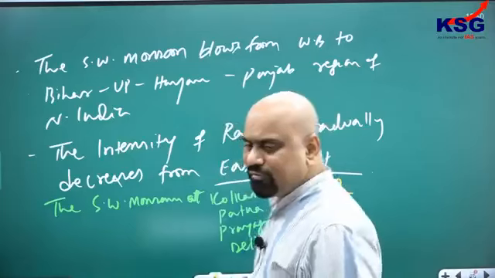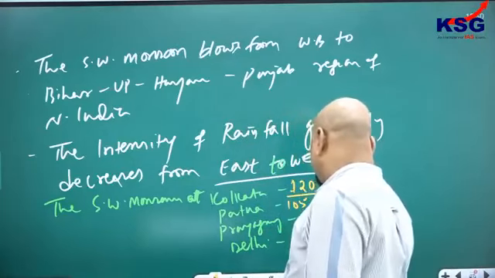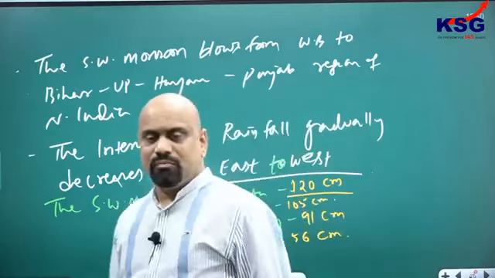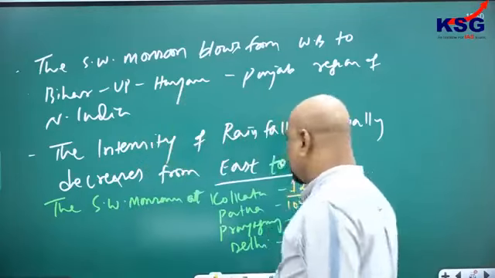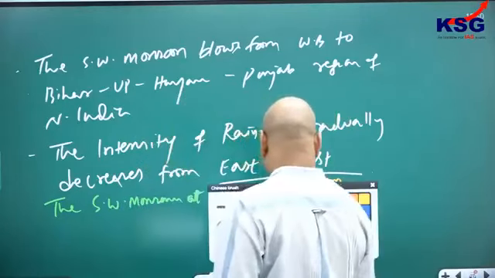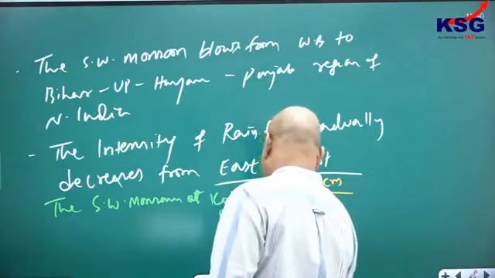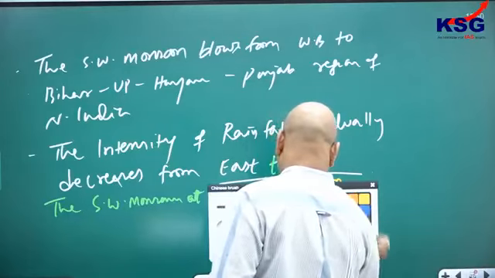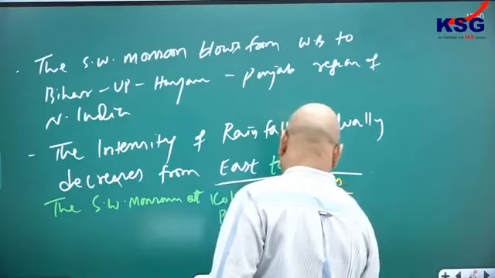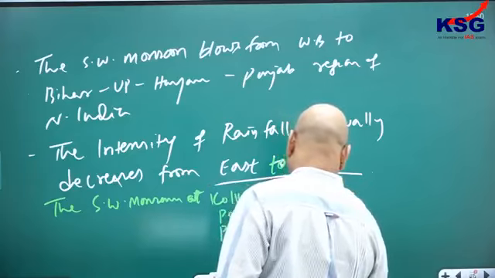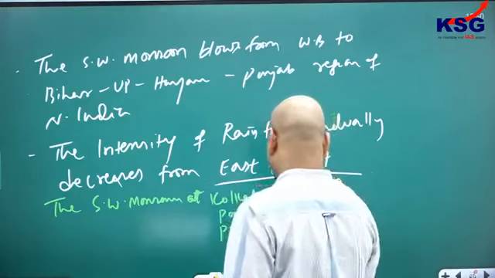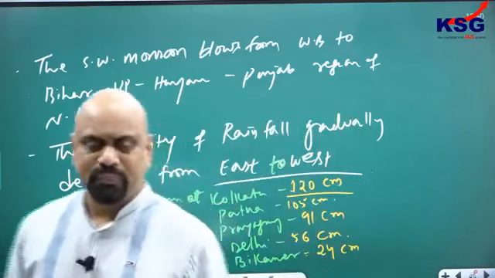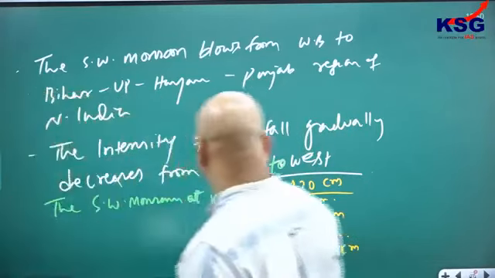दिल्ली आते आते होता है 56 cm. And Bikaner it is 24 cm. At Bikaner it is nearly 24 centimeter. बीकानेर. सो आप देखो धीरे धीरे करके घटता जाएगा. श्रीनगर 20 centimeter.